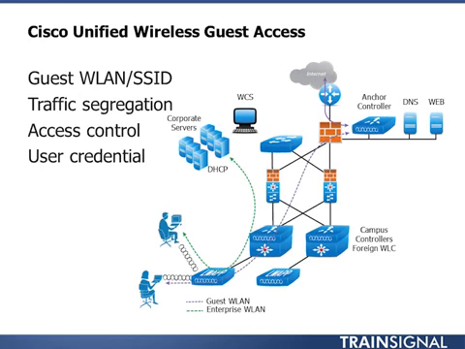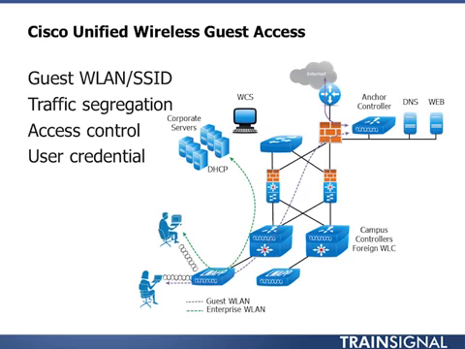And Cisco recommends that the anchor controller is dedicated for guest traffic only, that you don't do any other type of wireless LAN connectivity. So it's quite simple. You take your guest wireless LAN, that unique SSID, and you map it to a VLAN on the anchor wireless LAN controller.